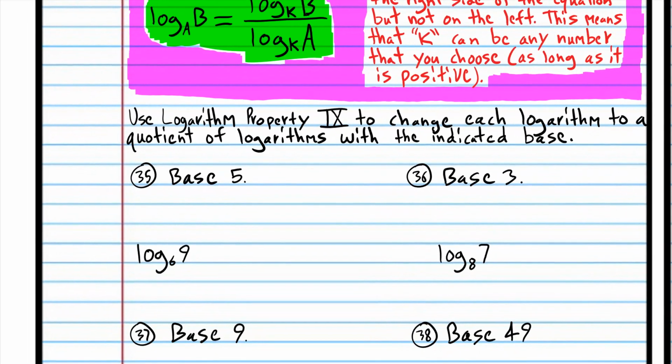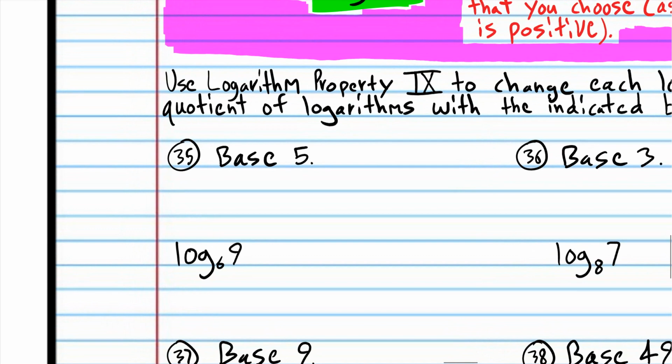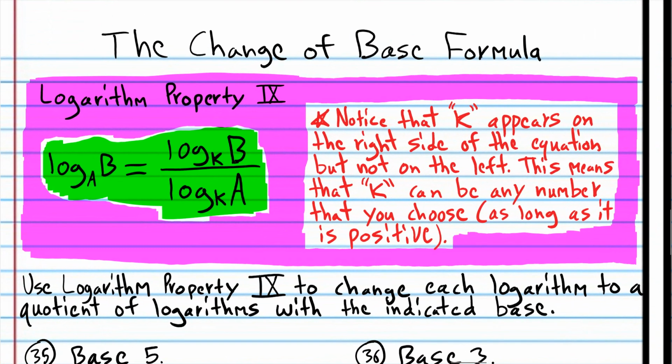So it says here, use logarithm property 9 to change each logarithm to a quotient of logarithms with the indicated base. So it wants us to use base 5, and by the way, you can get a picture of this if you'd like.